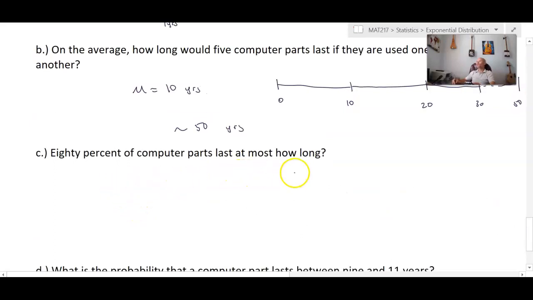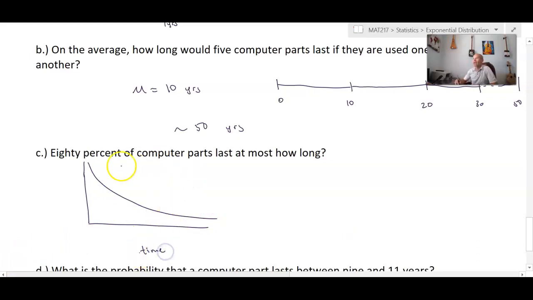Okay, 80% of computer parts last at most how long? Okay, so here's our distribution. Along my time, I want to know 80% of computer parts last at most how long?